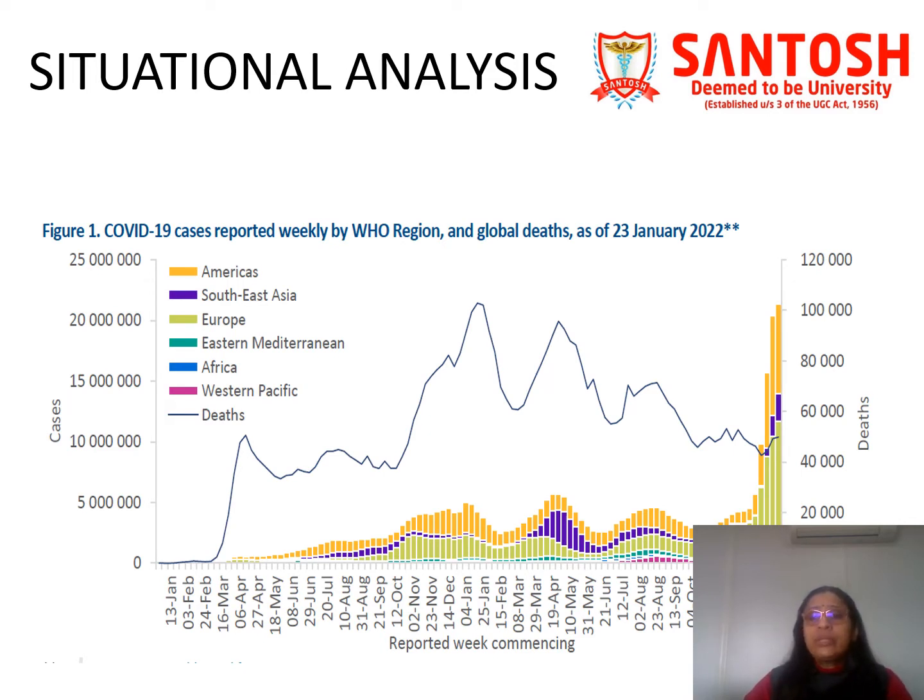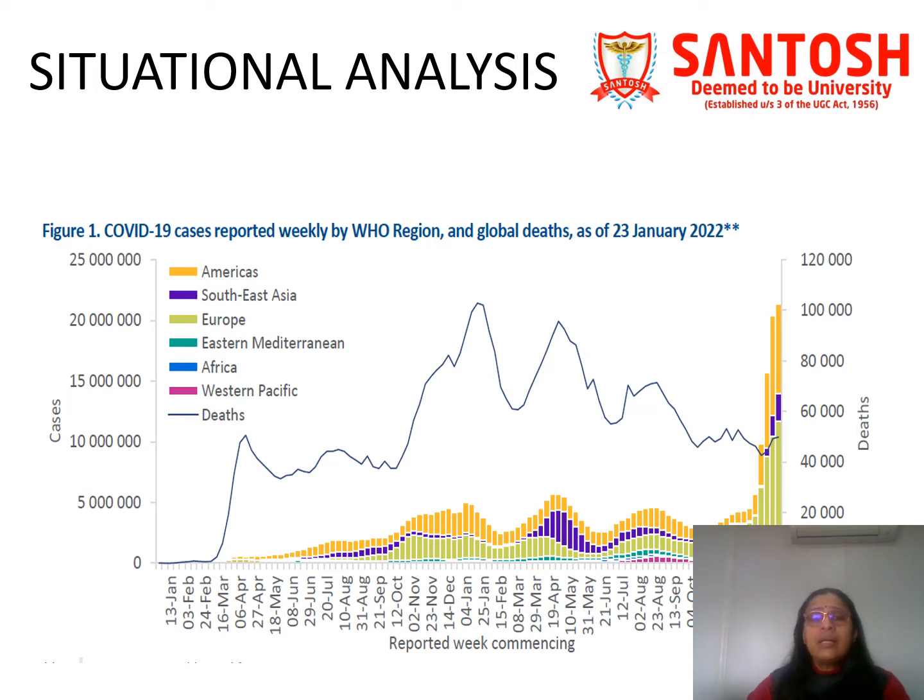So this is the situational analysis you can see here as of now. This graph sums up the number of cases in different WHO regions, and the global deaths that have occurred due to the COVID-19 pandemic as of 23rd January 2022. Here you can see the upper graph that shows the number of deaths, and this side we have the number of cases and the dates.